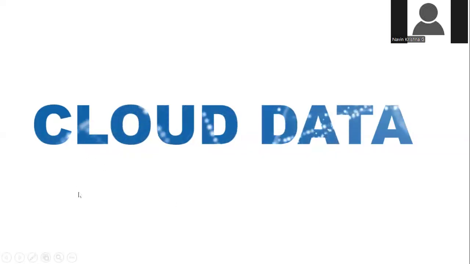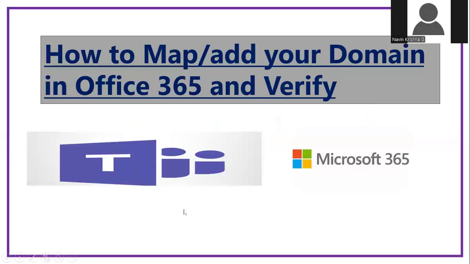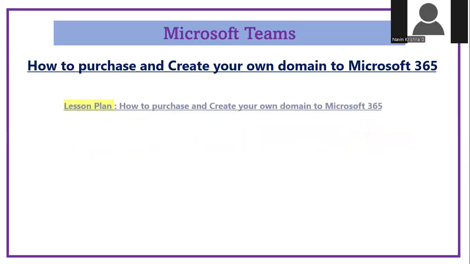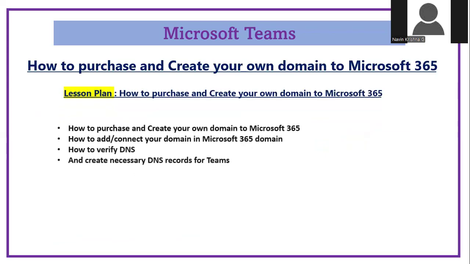Hello everyone. In this video, we are going to see how to map and add your domain in Office 365 and verify. The points we are going to cover are how to purchase and create your own domain for Microsoft 365.